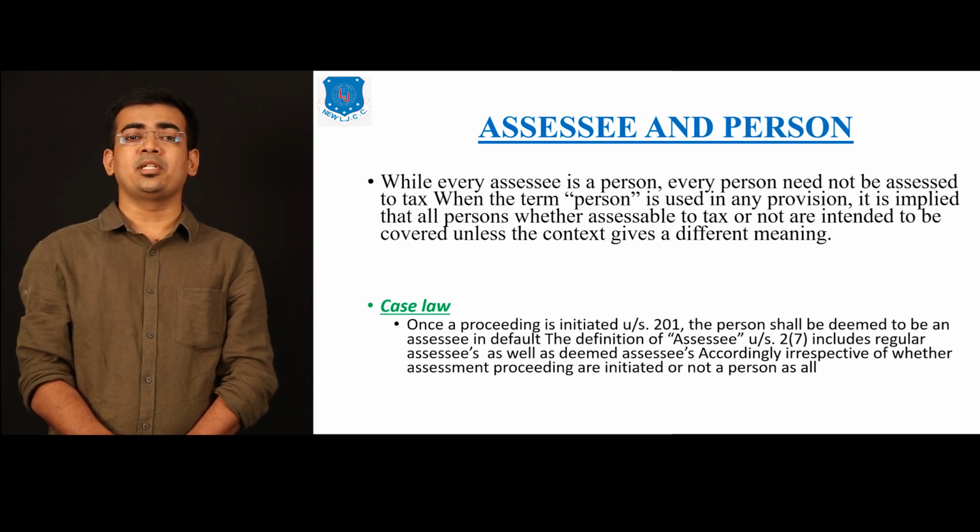Once a proceeding is initiated under Section 201, the person shall be deemed to be an assessee in default. The definition of assessee under Section 2, subsection 7 includes regular assessees as well as deemed assessees. Accordingly, irrespective of whether assessment proceedings are initiated or not, a person is an assessee.